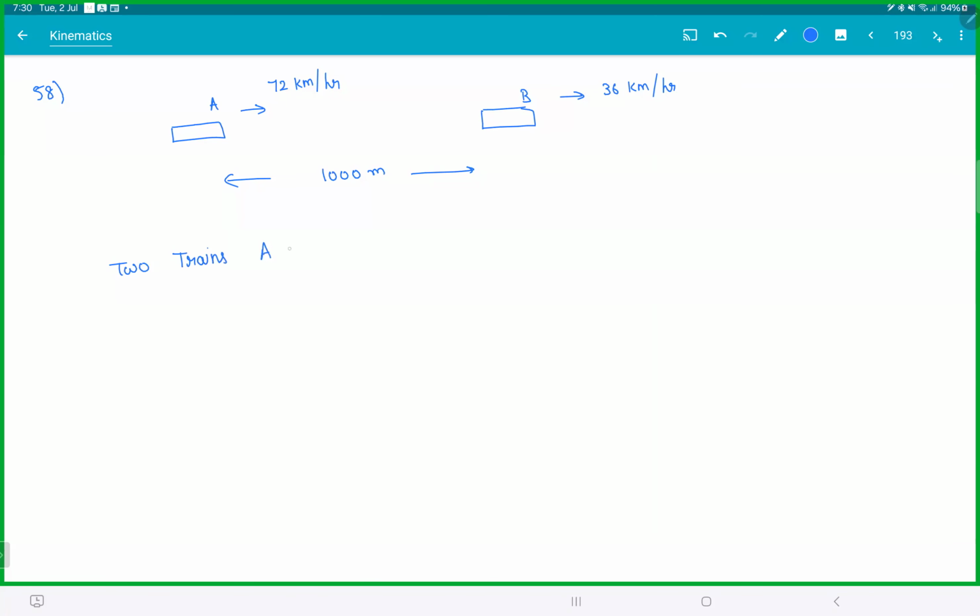So two trains, A and B, on the same track are moving with 72 kilometers per hour and 36 kilometers per hour as shown.